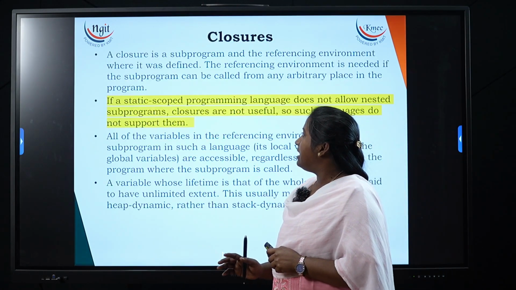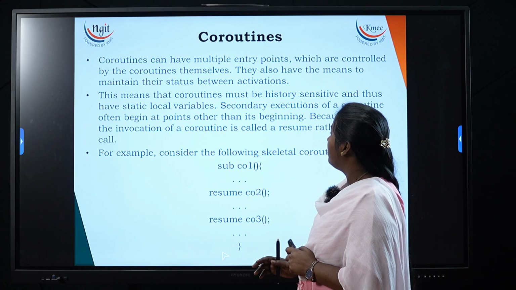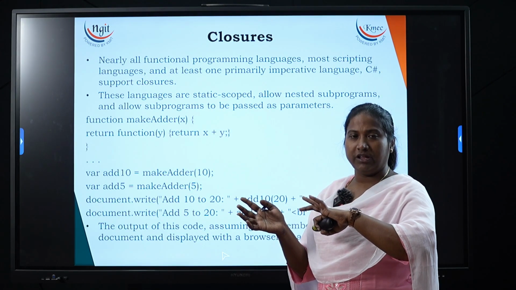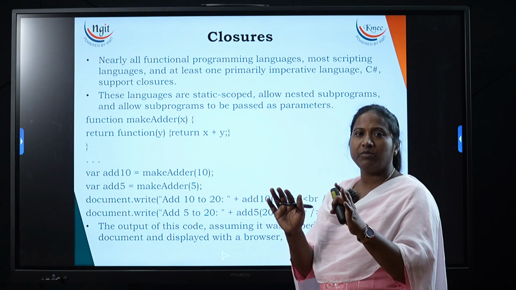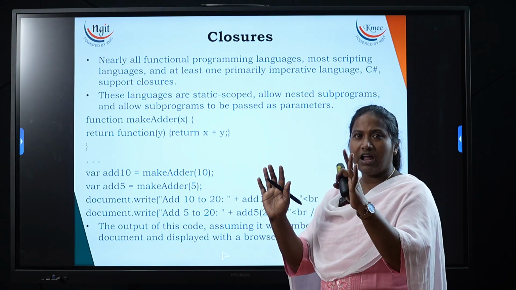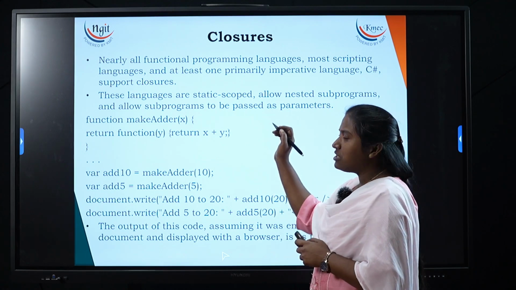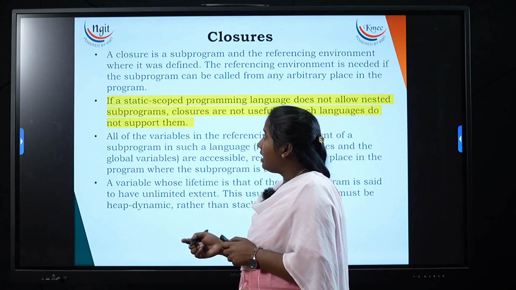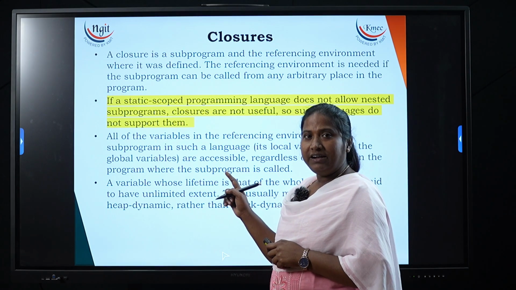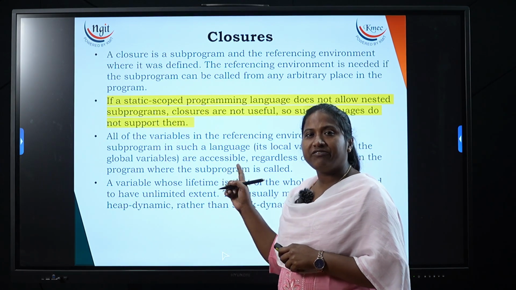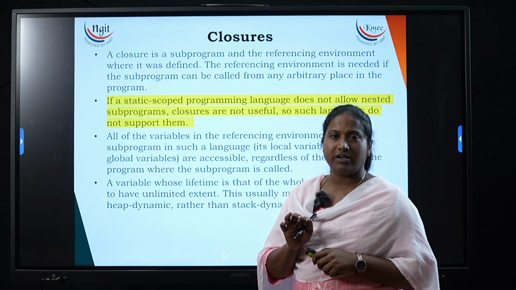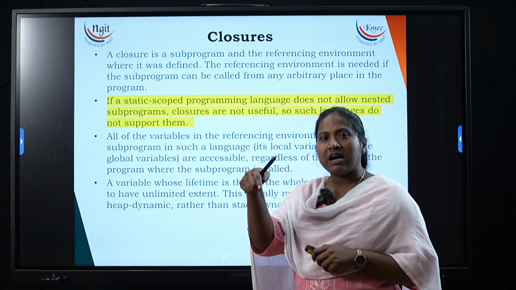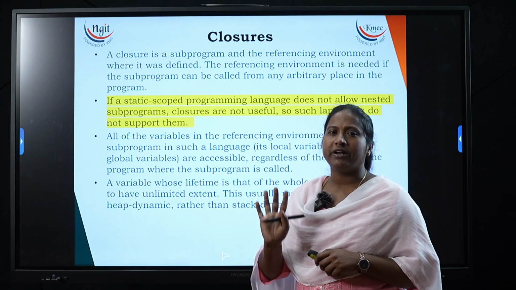Now, let's see what we mean by closure with respect to coroutine. We'll find the differences between both coroutine and closure. Closure is what we discussed in the last video. Closure is a subprogram, and the subprogram is defined in the referencing environment. The third point about closure is that we can call that subprogram in any arbitrary place.